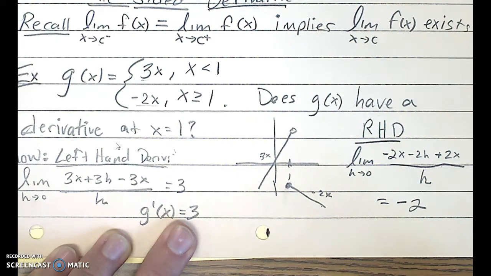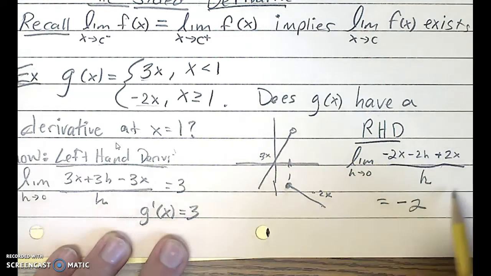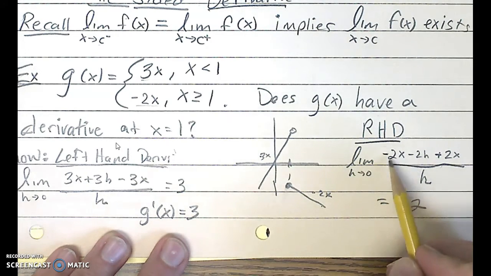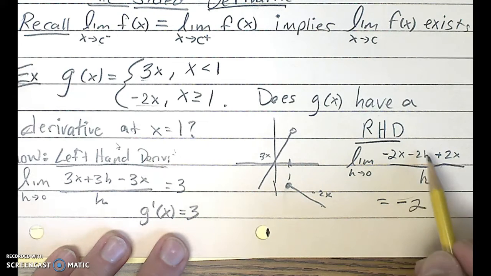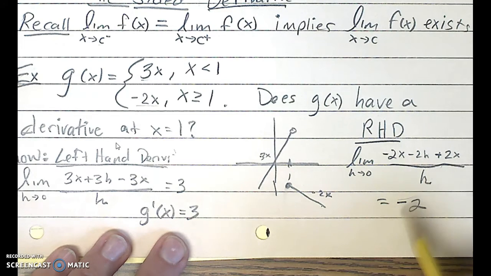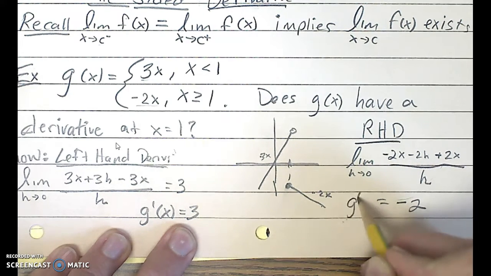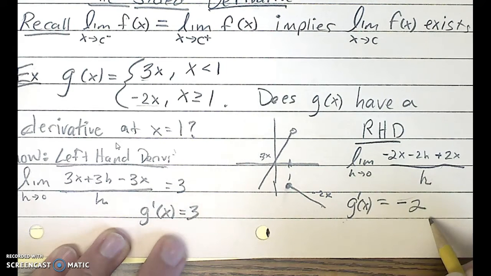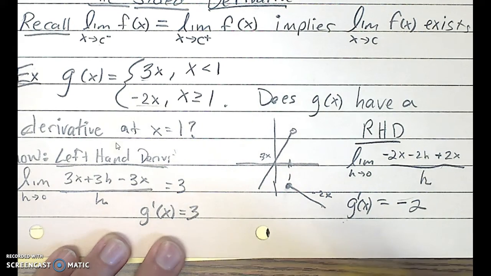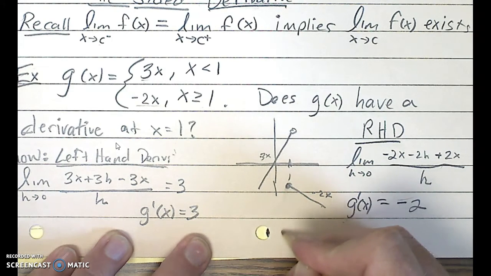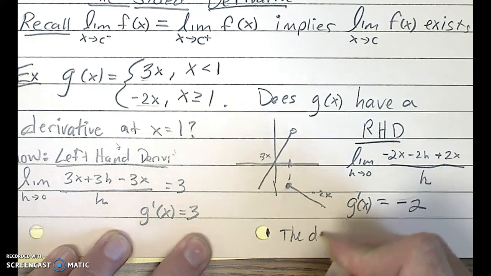I didn't show all the steps here, but negative 2x plus 2x, they cancel. You're going to divide an h out, and you're left with just negative 2. So, to the right, g prime of x is equal to negative 2. Since this and this are not the same, the derivative does not exist.